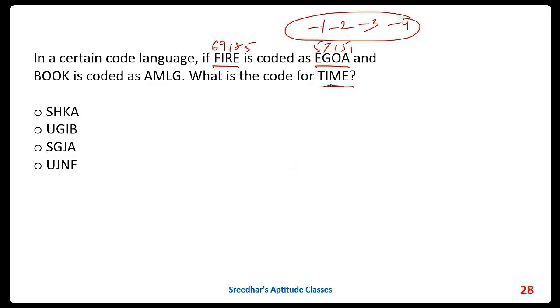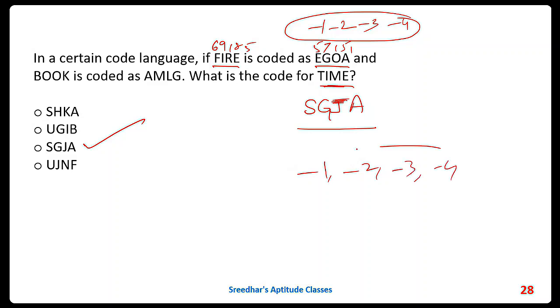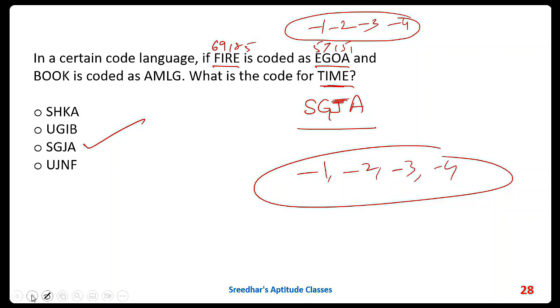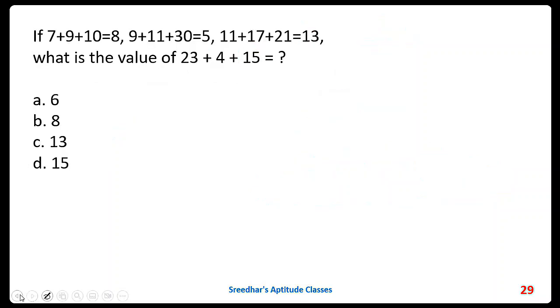If I apply the same thing for TIME: first -1 S, -2 G, -3 J, -4 A. SGJA. Option C is the correct one. So the logic is -1, -2, -3, -4 consecutively. Right. Next question on the screen.